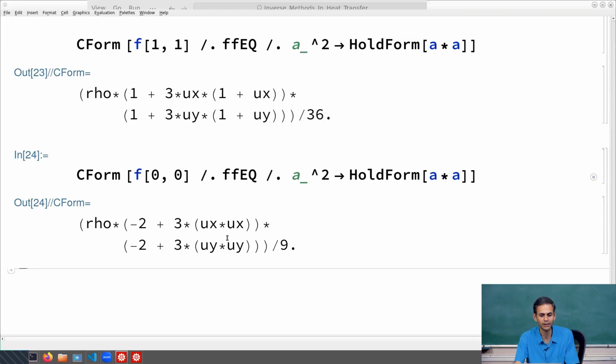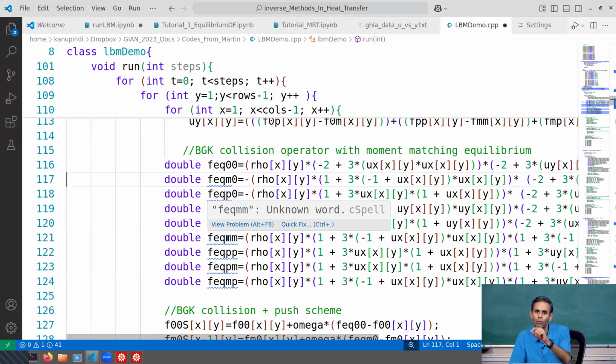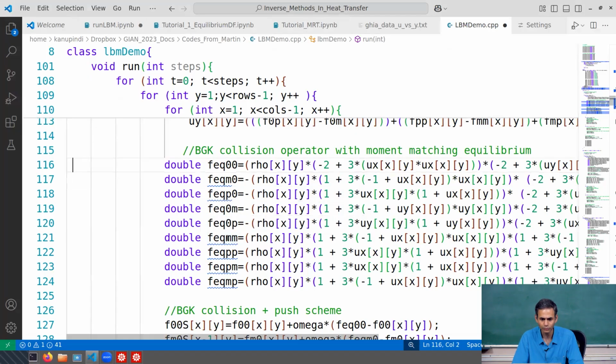Only difference is that here I have used ux uy, whereas in the C++ code, because you are dealing with one location, you have additional indices, which you typically write as ij or xy, okay. Those are the values you have here. That is for your f equilibrium 00. Similarly, we write the equilibrium distribution function values for each of the 9 values we have.